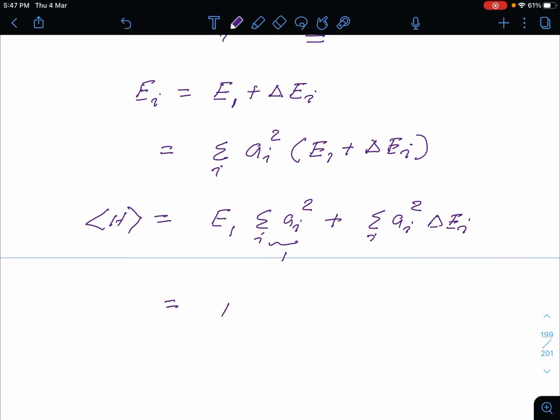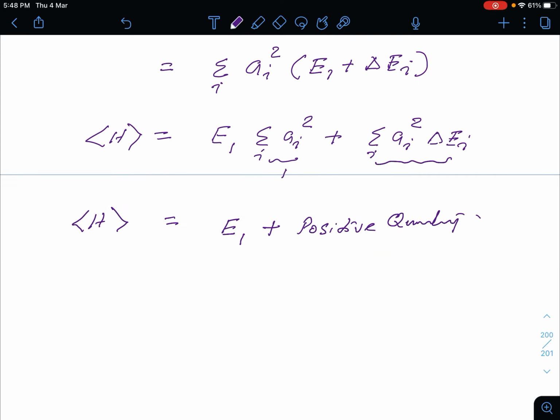So that is E1 plus some delta E_i, which is obviously positive, or at least 0 if the ith state is itself the ground state. So anyway that's greater than or equal to 0. That's a positive quantity added to E1.